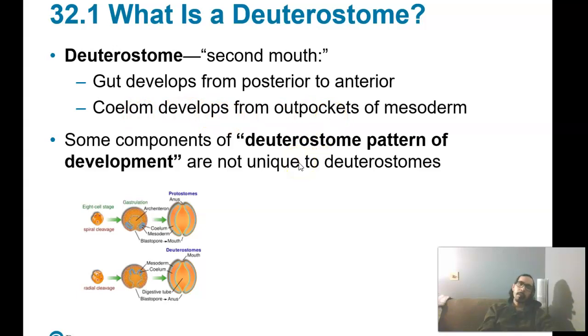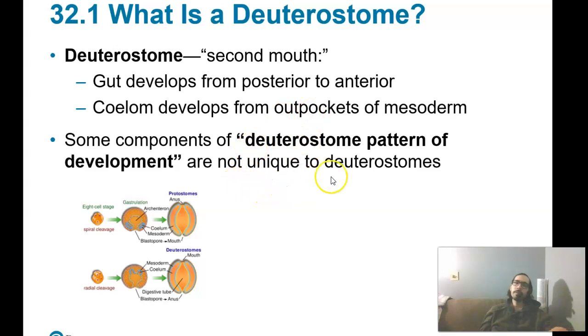Okay? But also, if you recall from the protostome PowerPoint, this was the traditional thought, that deuterostomes develop the mouth second, anus first, and protostomes develop the mouth first and the anus second.